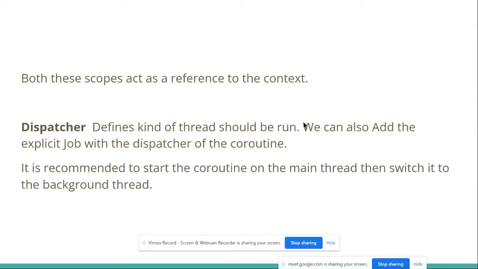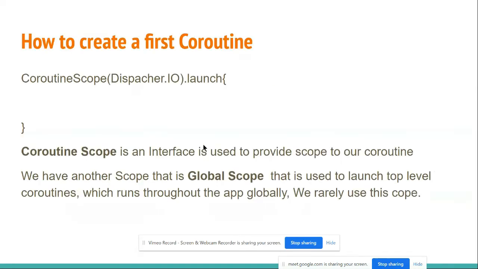We can also add an explicit job with the dispatcher of the coroutine. What is an explicit job? It is something we can add with the dispatcher: we can define a new job and add plus job there.